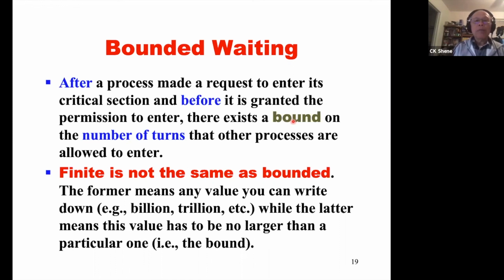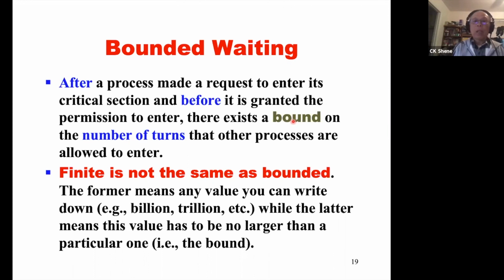So if your system has n processes participating in a concurrent work, and you need some critical section to ensure mutual exclusion in order to avoid race condition, the bound has to be a function of n, the number of participating processes.